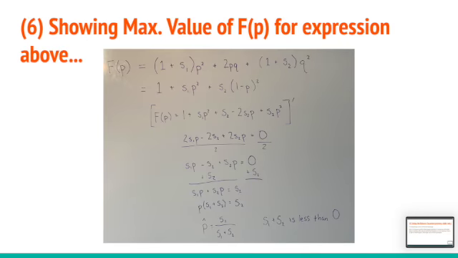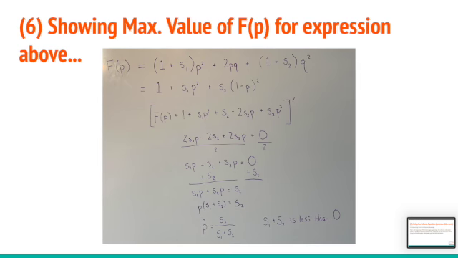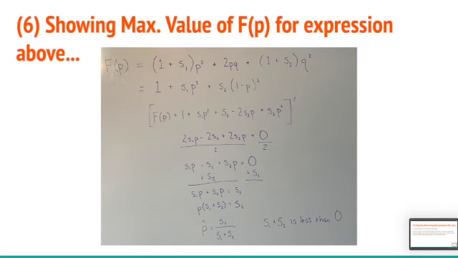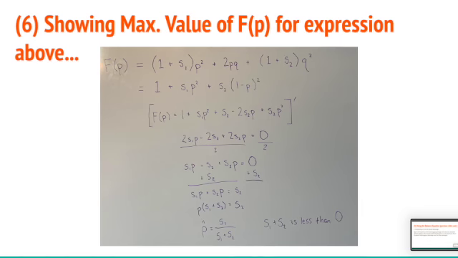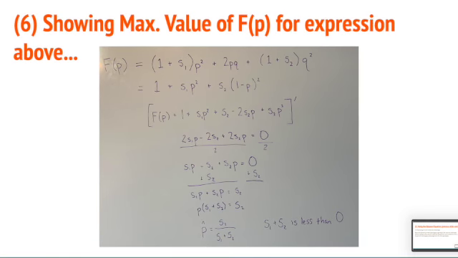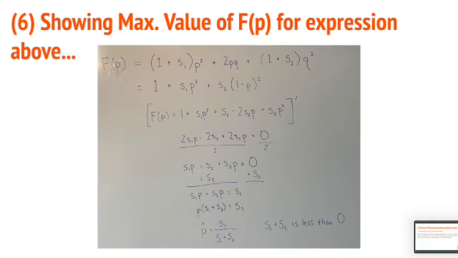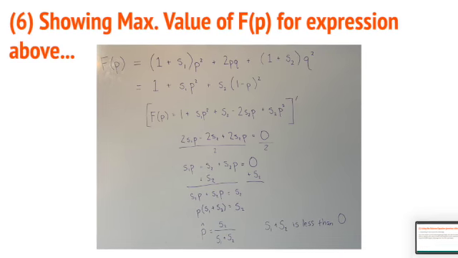Another way to find the maximum value for p when the heterozygous genotype is at its highest frequency, we can use 1 plus s1 p squared plus 2pq plus 1 plus s2 q squared.